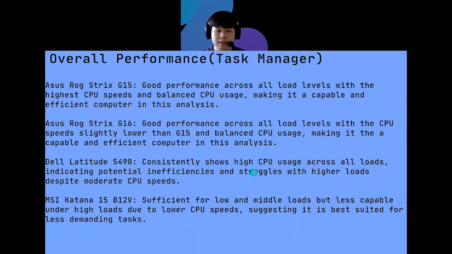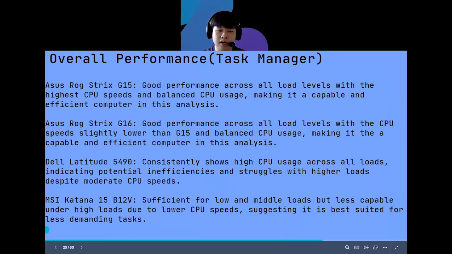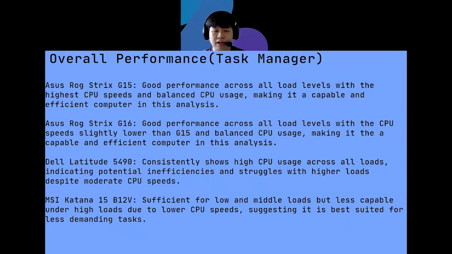So for the overall performance we can get from the task manager: the ASUS ROG G60 has a good performance but a slightly lower CPU speed than the ROG Strix G50, and the ROG Strix G50 has a good performance overall with a higher CPU speed and balanced CPU usage.